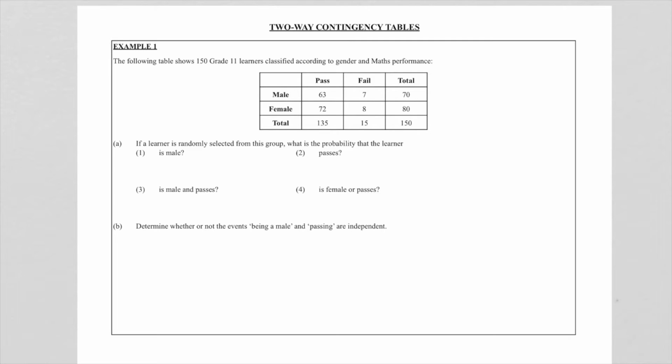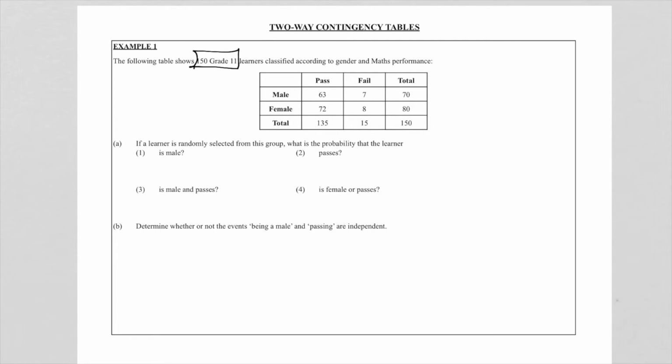Now, this is about 150 grade 11 learners. Always important that 150 will be your sample space. You will also see it right here, the big total, 150. That is your sample space. This shows the mathematics results of the males and females in terms of pass and fail for a test or exam.